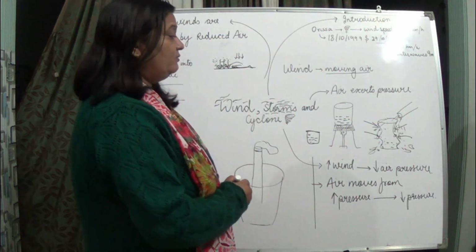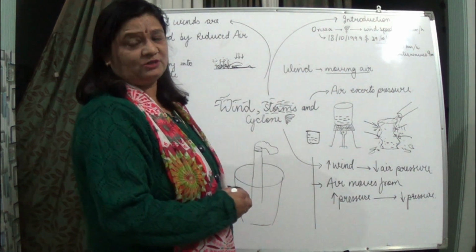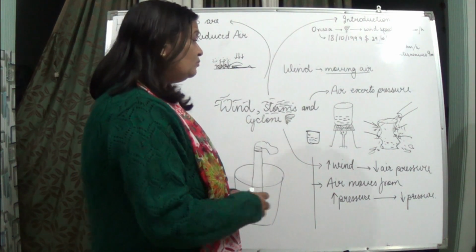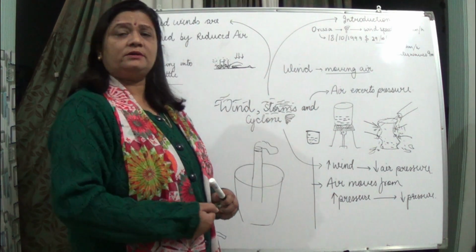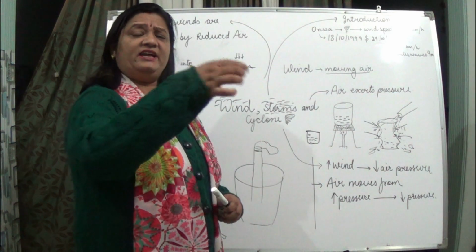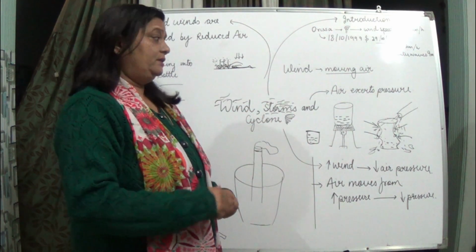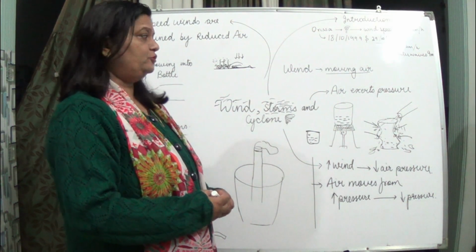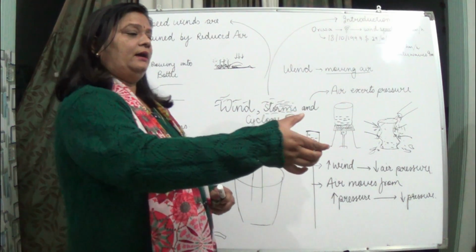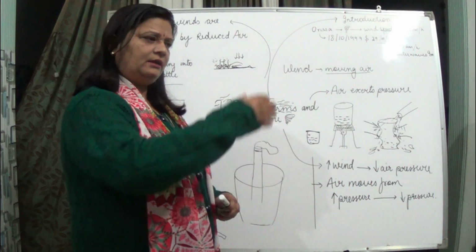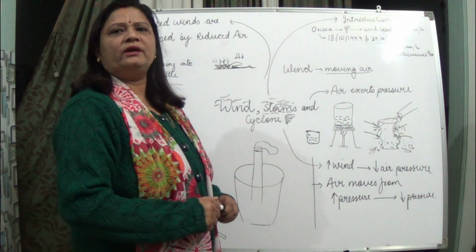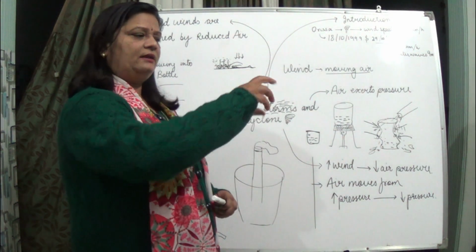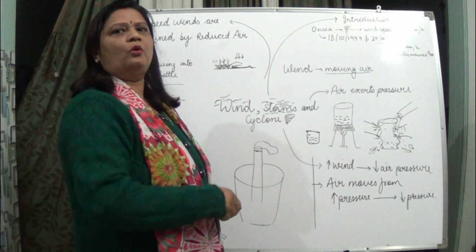You can do this experiment with plastic bottles also. You take the plastic bottle and fill it with hot water. Then remove that hot water and immediately pour cold water in it, and keep it in the flow of cold water.